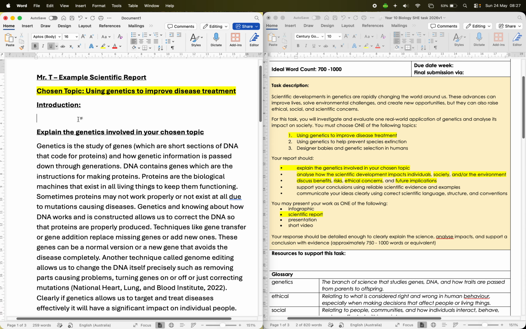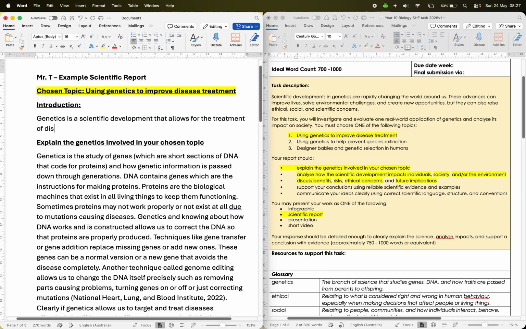So an example might be: Genetics is a branch of, let's say scientific development instead, that allows for the treatment of diseases.